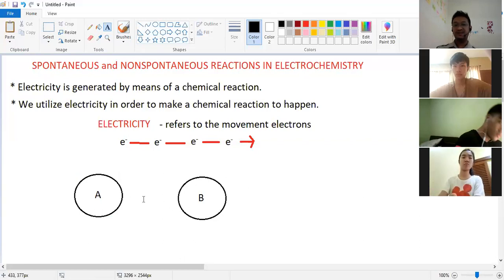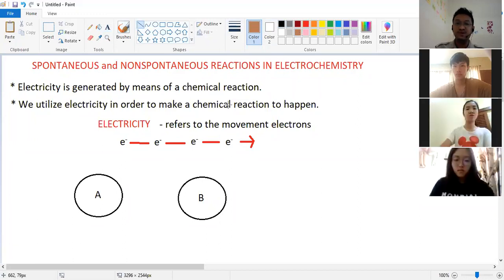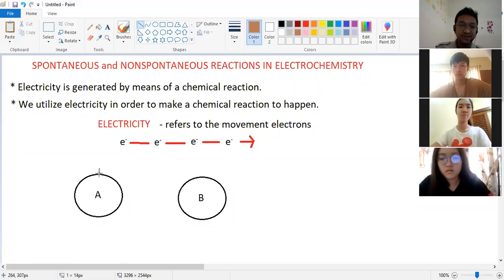But things will change if, for example, we join them with a certain conductor.